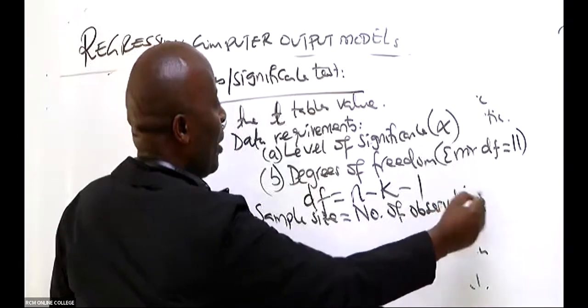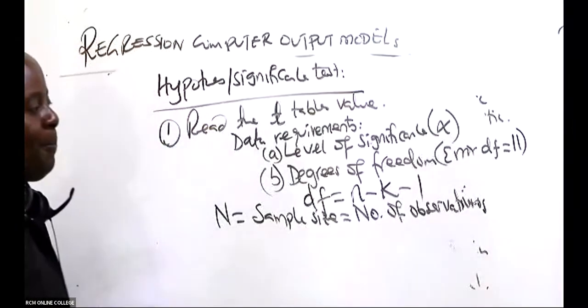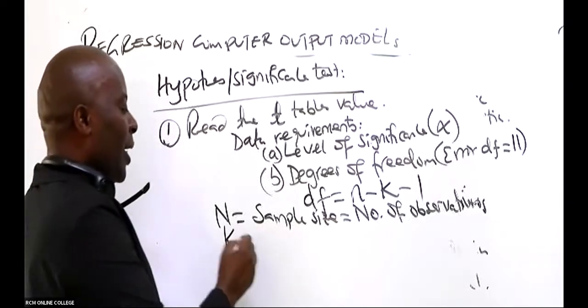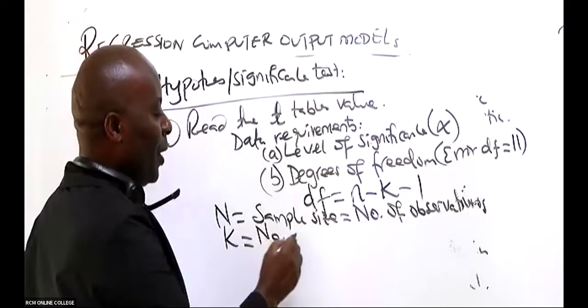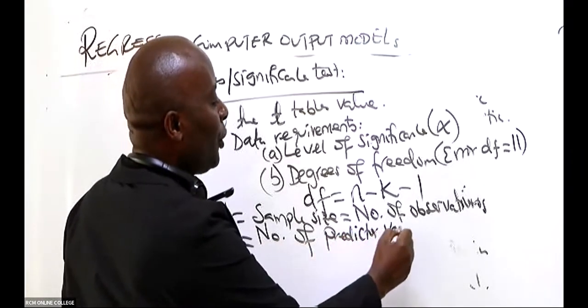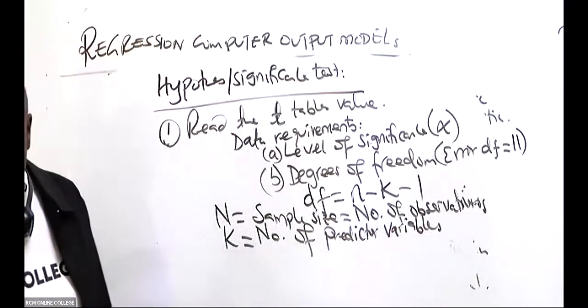K stands for number of predictor variables.